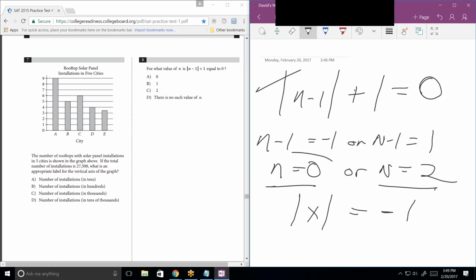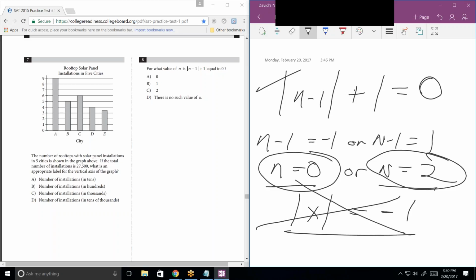You come up with that solution, and it's easy to go on to the next problem. But if you check either of those solutions, neither one works. And it's because the absolute value of something can never be negative. So this instantly has to be no solution. It doesn't matter whether it's x or n minus 1. The fact is that that part can never be equal to -1.